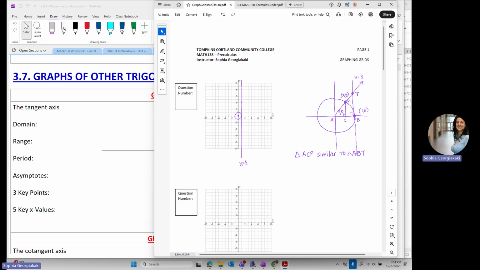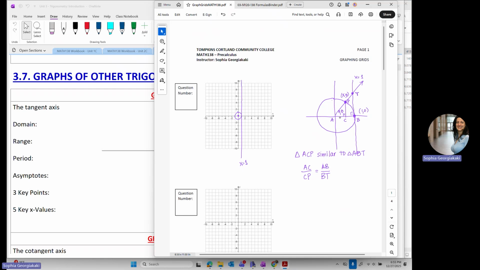And when we have similar triangles, their corresponding sides have equal ratios, which means AC over CP, that are the two legs of the smaller right triangle, that ratio is equal to the ratio of the corresponding sides on the larger triangle, which will be AB over BT.